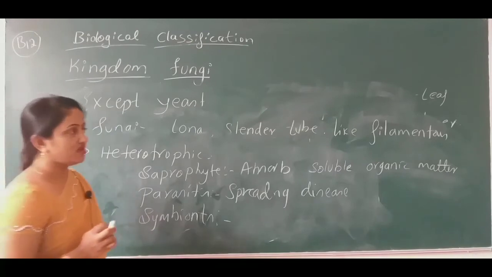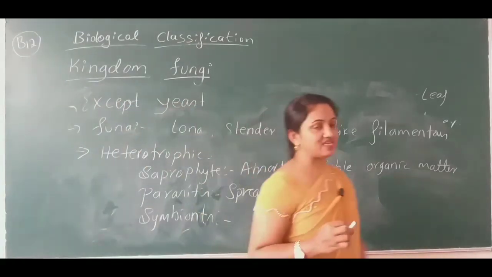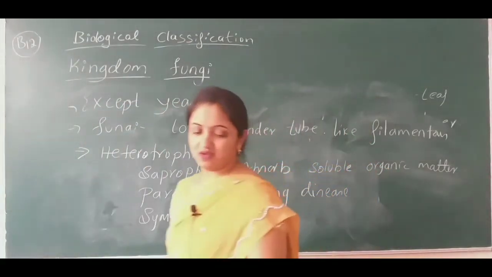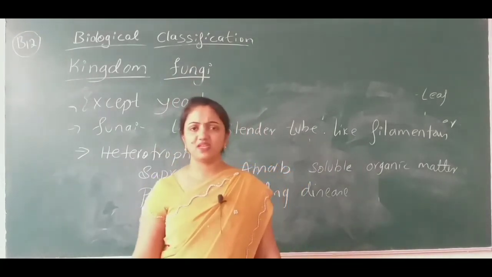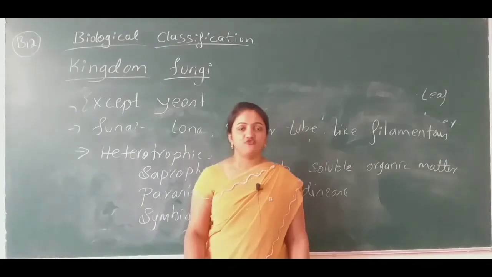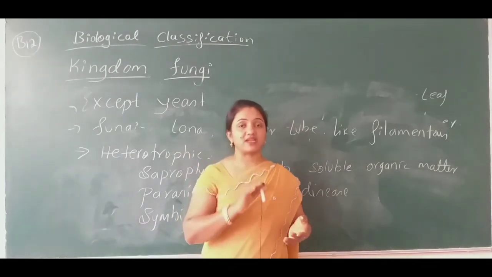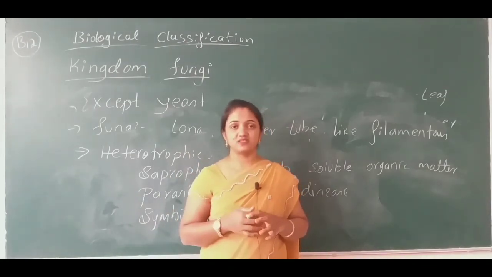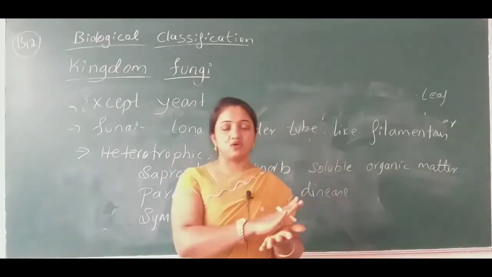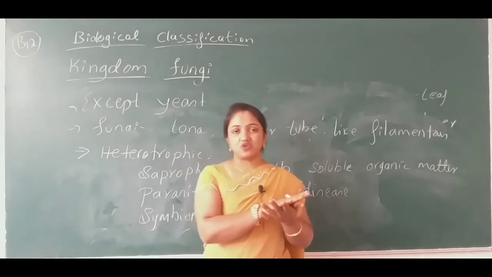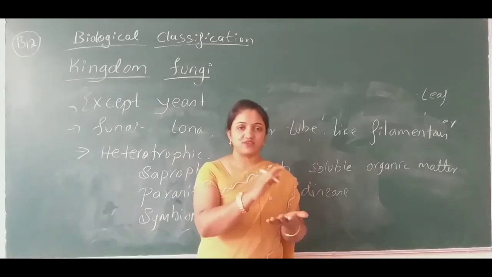Symbionts means, if you have seen cattle like cow or buffalo, on the body surface of the cattle, some cranes or some birds sit on the surface of the body.